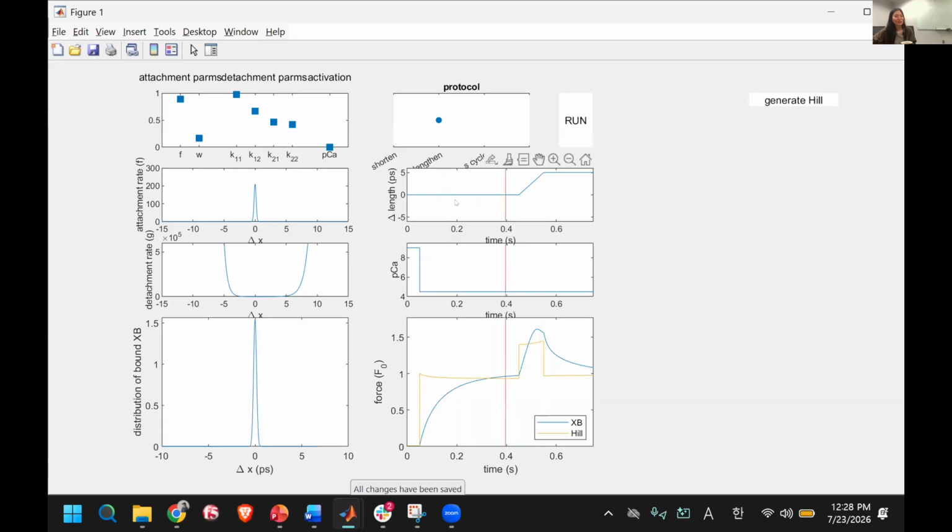All right, now let's simulate shortening. So you can click here on the protocol and then make it shortening. And then click run. It will tell you to wait a little bit and then generate the force.